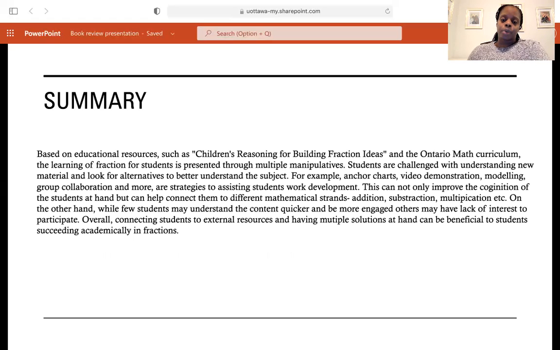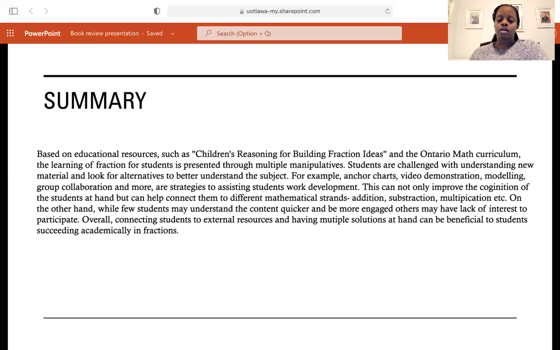A summary of both Children Building Fraction Ideas and the Ontario math curriculum is that learning of fractions for students is presented through multiple manipulatives. Students are challenged with understanding new materials and look for alternatives to better understand the subject.